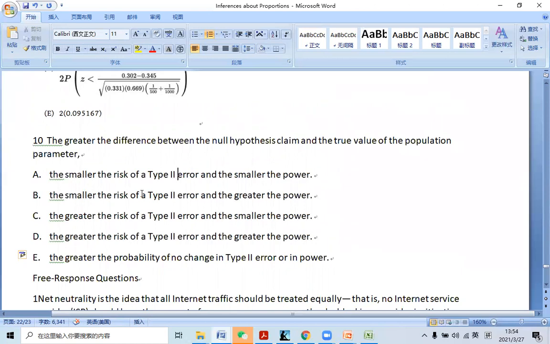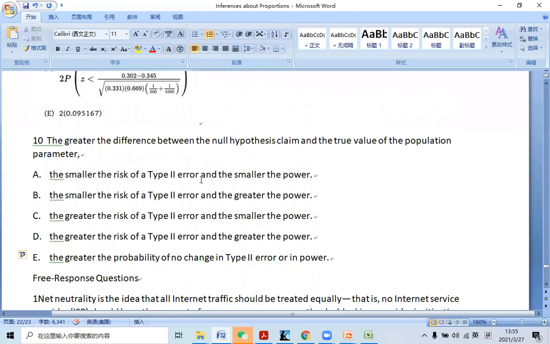And there's something wrong with this statement. When there's a smaller risk for making type 2 error, there's a greater power. The power of a test means the test allows you to reject the null hypothesis correctly when the null hypothesis is false.